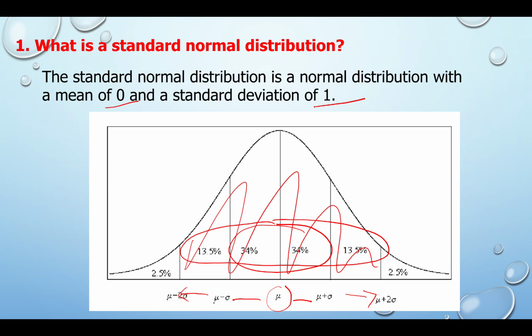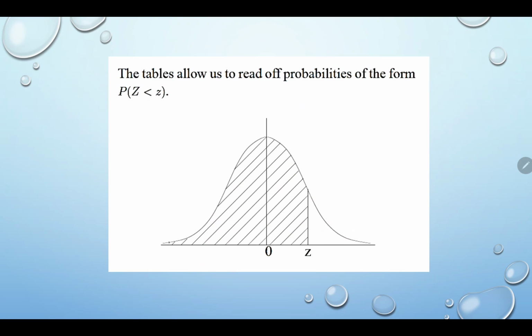We're going to standardize all other normal distributions in such a way that all different means and all different standard deviations will fall to 0 and 1, para magamit natin yung table na pinakita ko sa inyo kanina. Now, yung area dun sa table natin only allows us to read probabilities in the form of probability of the z less than the z-score.